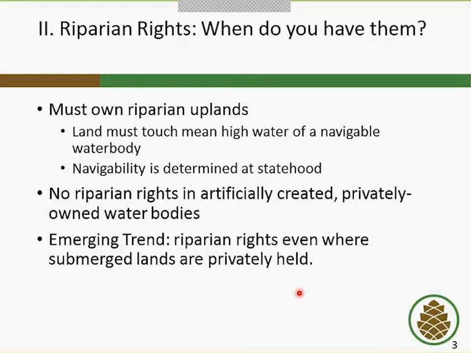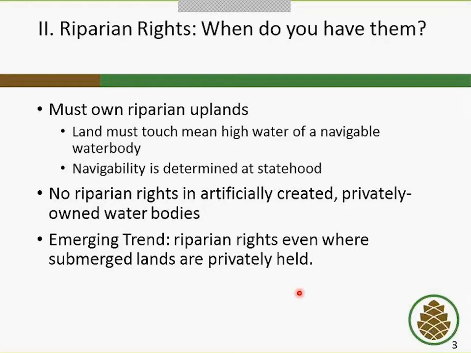What we're talking about in riparian rights is essentially a water body that's navigable in fact in its natural state at the point that Florida entered the United States.